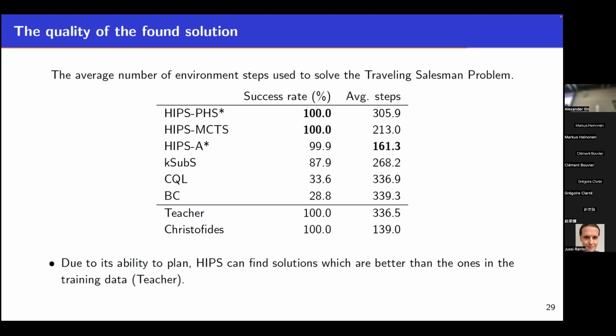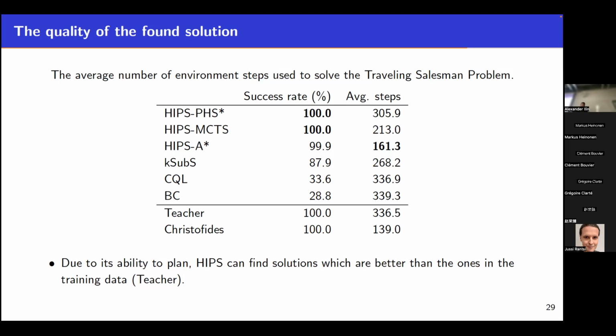And our teacher, the expert that was creating the demonstrations, selected the next visited city completely randomly, so it visited cities in a random order. On average, it used 336 steps to go through all the cities. But when we use our method for planning, we can visit all the cities much faster, with far fewer steps.